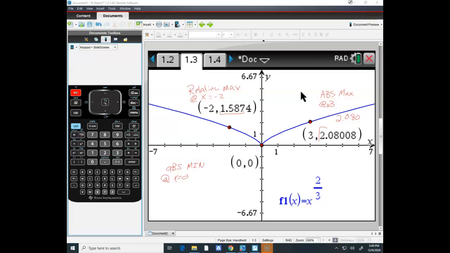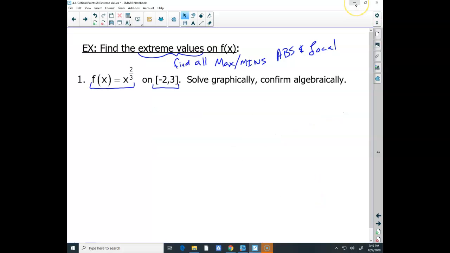So now we're going to go back, and we are going to confirm that algebraically, okay? Piece of cake, or pie, whatever you prefer. So we did say, graphically, we had an absolute max at 3, 2.080, with the absolute max being that value.